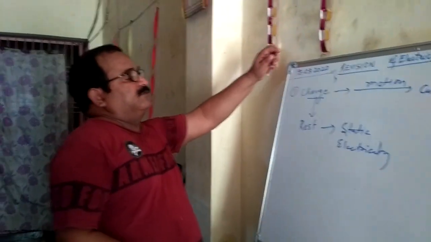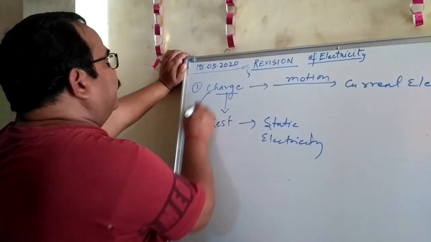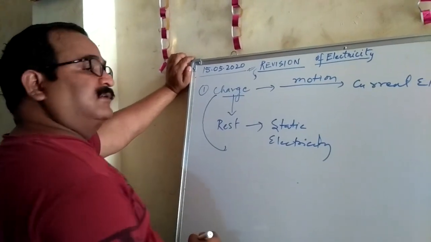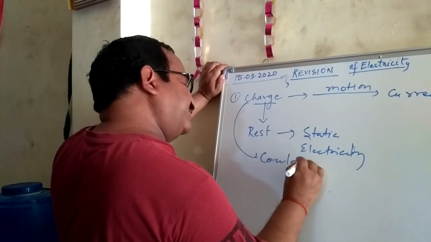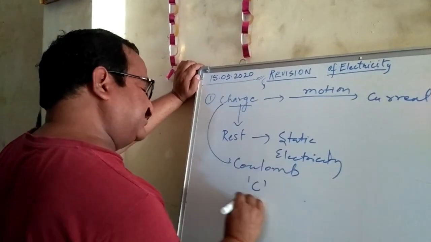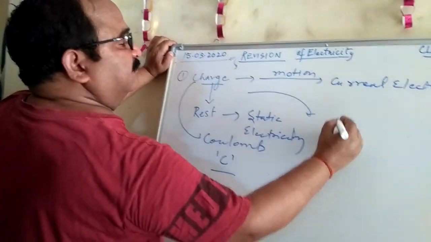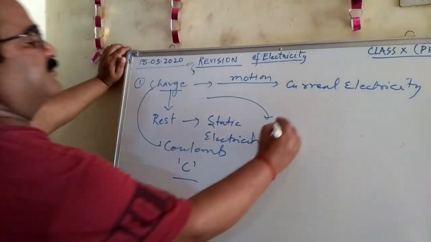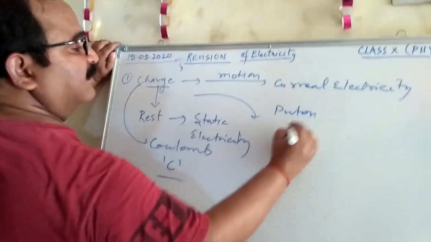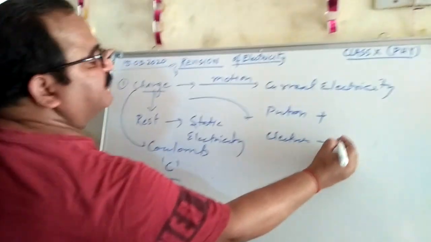But just for recapitulation, charge has a unit, and that unit is called coulomb, represented by C. We also know that particles like protons carry a positive charge, and particles like electrons carry a negative charge.